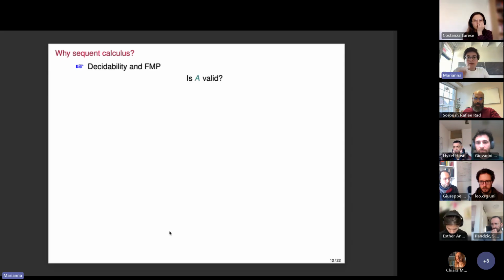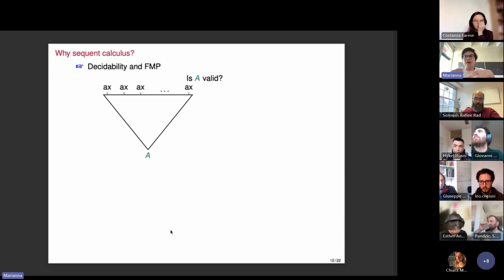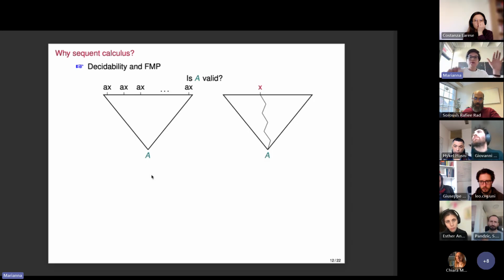And what does it mean? Suppose that I want to answer the question whether a certain formula of a certain logic is valid. If I have a sequent calculus with certain desirable properties, then I can just run the proof search for my formula A, and at some point I will stop with something that is either a successful derivation of my formula, or a finite object that is not a derivation.